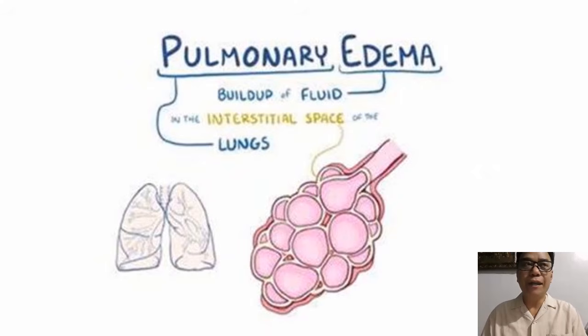So for the classical sign or the pathognomonic sign of pulmonary edema, usually what we can see on patients experiencing pulmonary edema is that they are excreting a pink frothy sputum. Sometimes we will notice that they are spitting saliva. We thought it was saliva, but the sputum per se is pink and frothy.